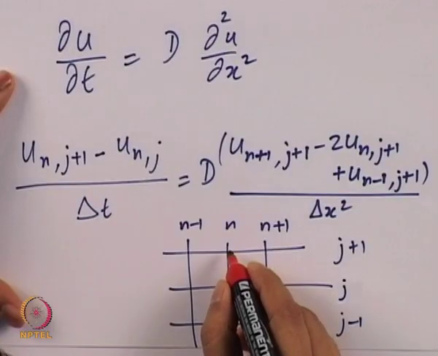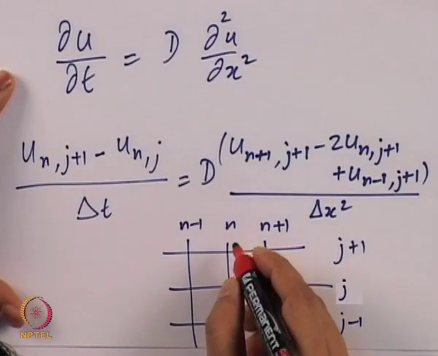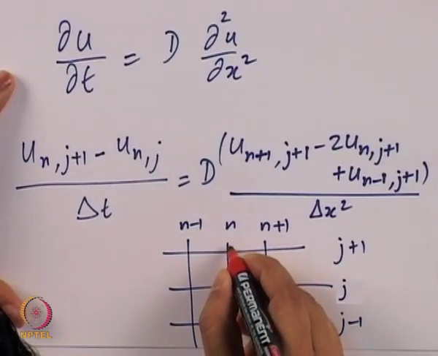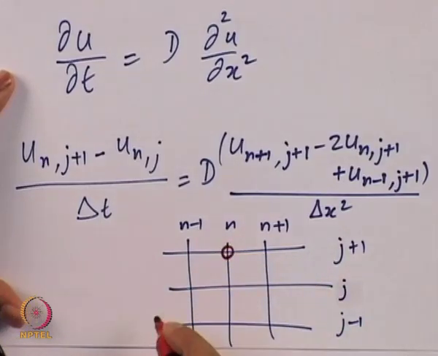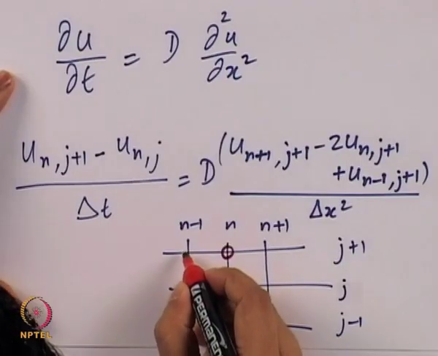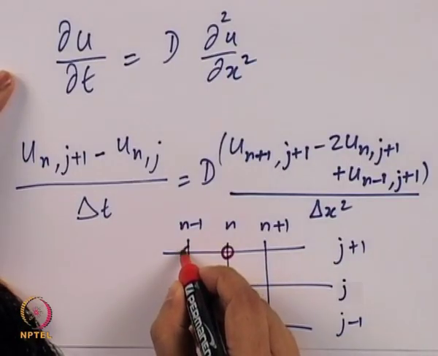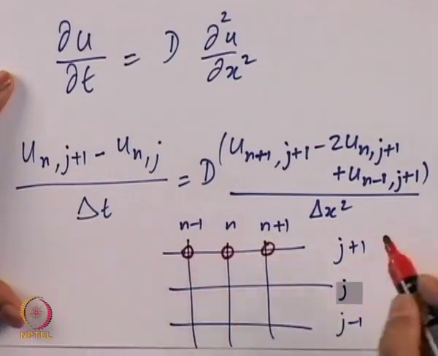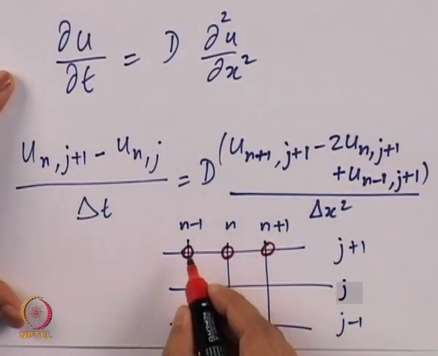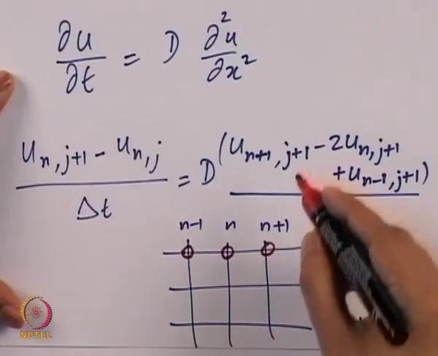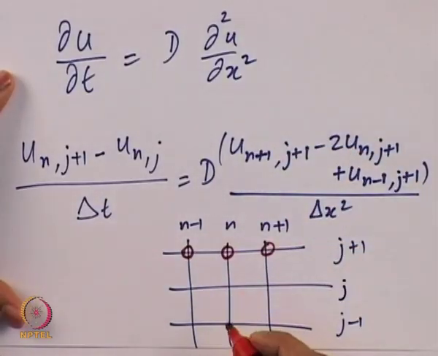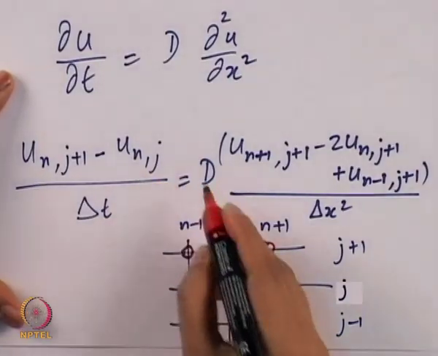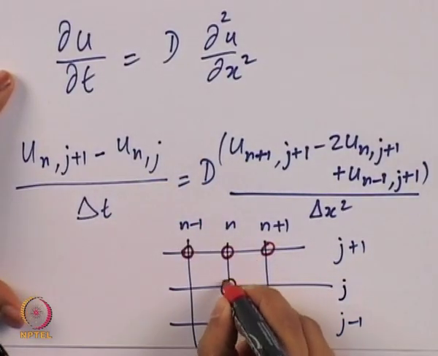We are interested in computing the value at n comma j plus 1, but we are also going to take the value at n minus 1 and n plus 1 comma j plus 1. So here is the n minus 1 comma j plus 1 and n plus 1 comma j plus 1, and we are going to use the value at n comma j, which is the value here.